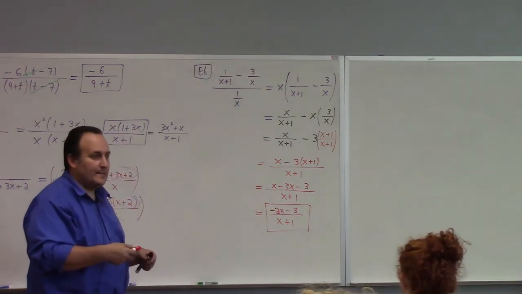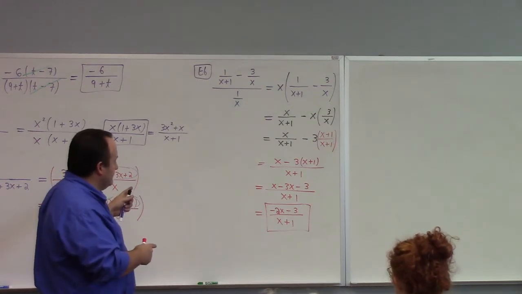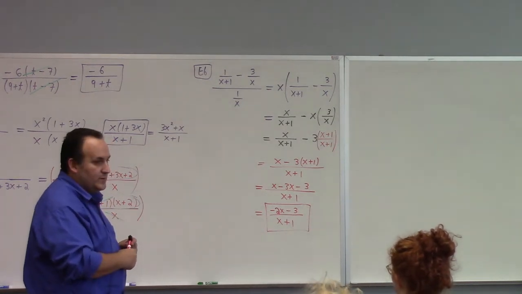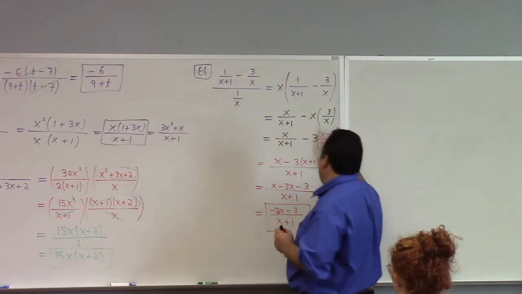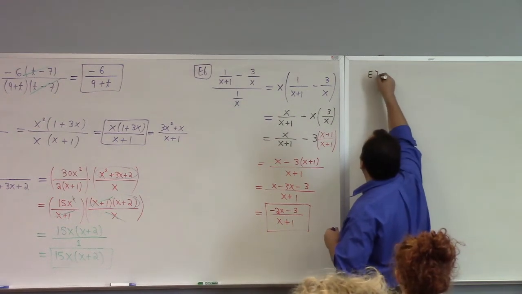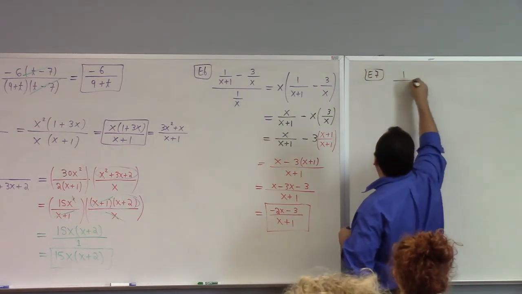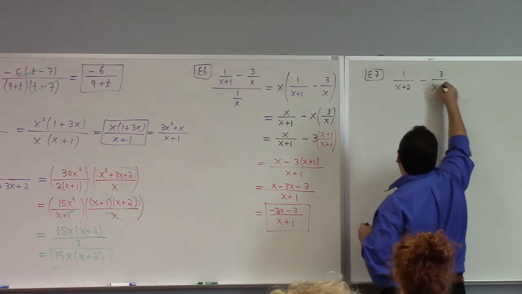Yes, questions? I was saying, so you multiply the 3 by the x plus 1 over x plus 1. Where did you pull in the x plus 1? Oh, so the idea here is when I add fractions, like here, example 7, you have the same denominator. Exactly. So if I want to say 1 over x plus 2, minus 3 over x plus 4, how would I do it?